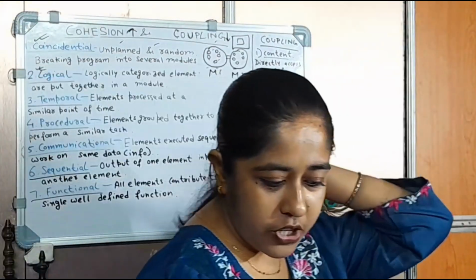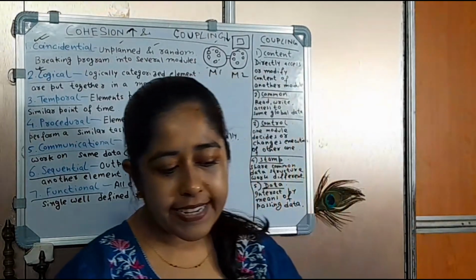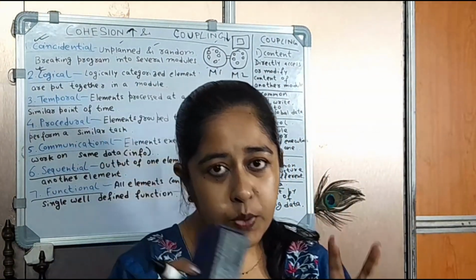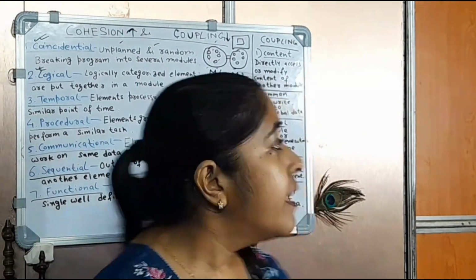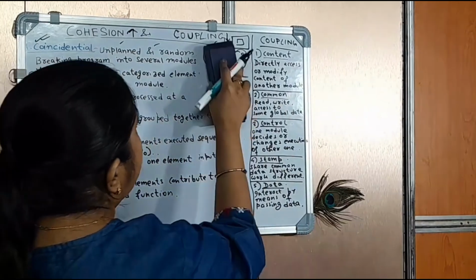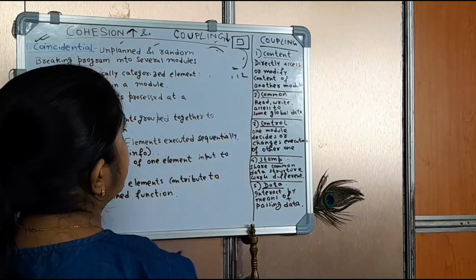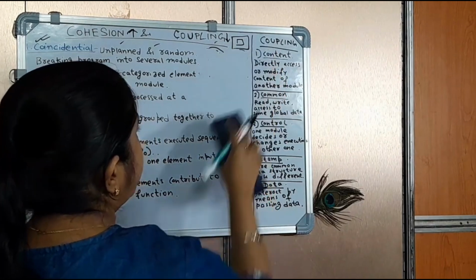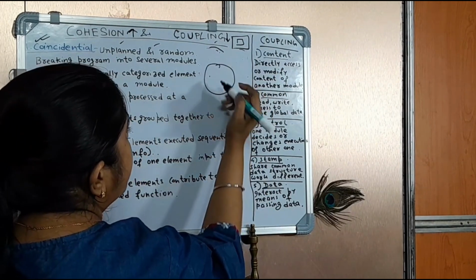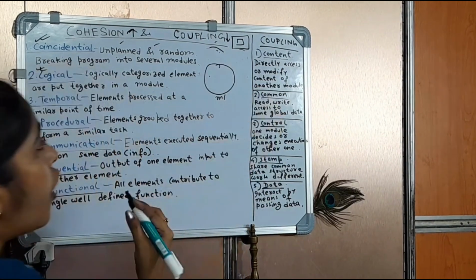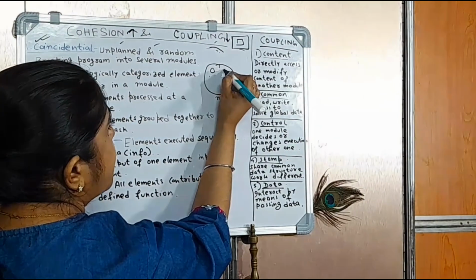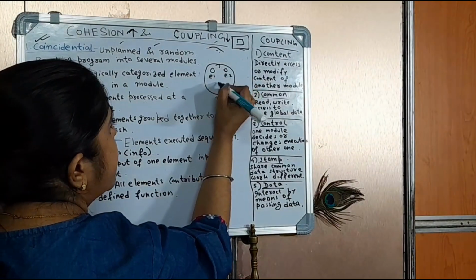What is logical cohesion? It is when logically categorized elements are put together in a particular module. Suppose this is our module M1, and the elements in it are E1, E2, E3.